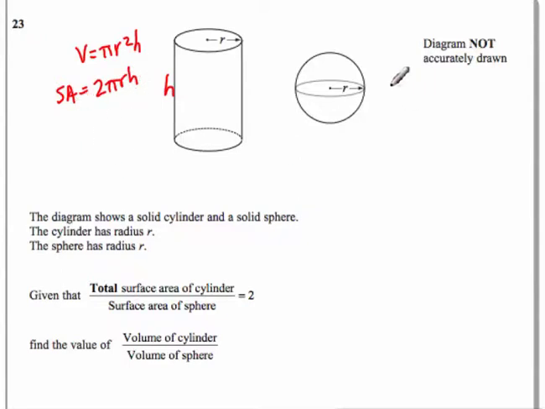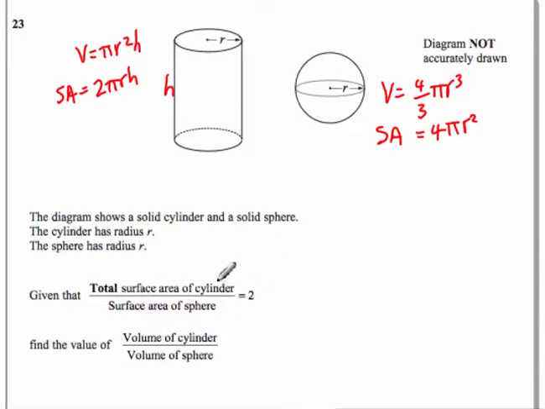For the sphere, the volume is 4/3 pi r cubed, and the surface area is 4 pi r squared. Now we can substitute the expressions for the surface areas into this equation, can't we?